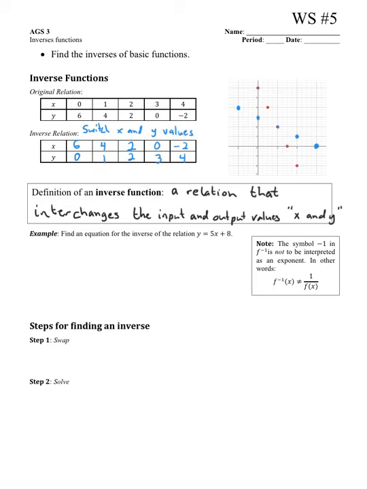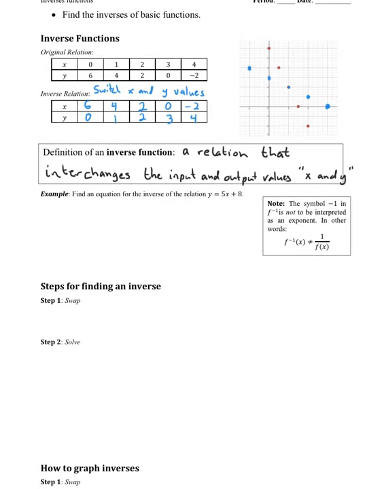And now we'll take a look at an example. How do we find the inverse of it? Okay. Let's see. First thing here, it says find an equation for the inverse of the relation y equals 5x plus 8.